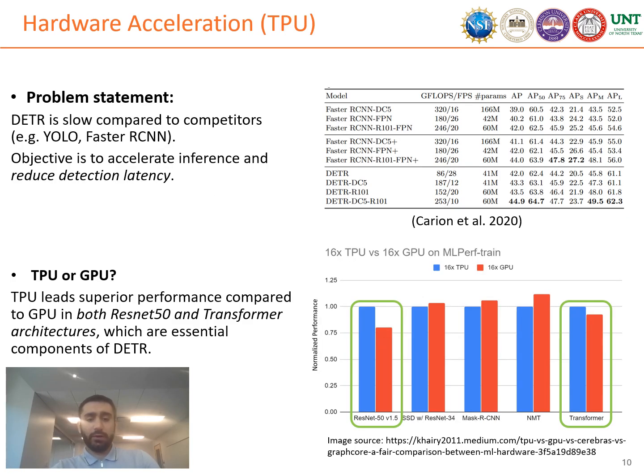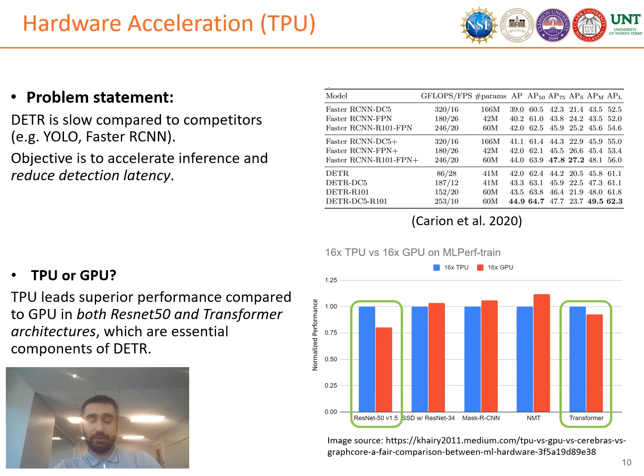All right, despite outstanding DETR performance, we mentioned that these models are pretty slow compared to other competitors like YOLO and Faster R-CNN.